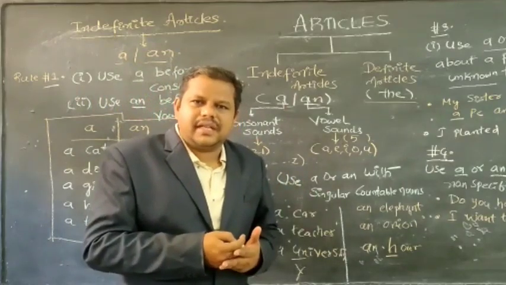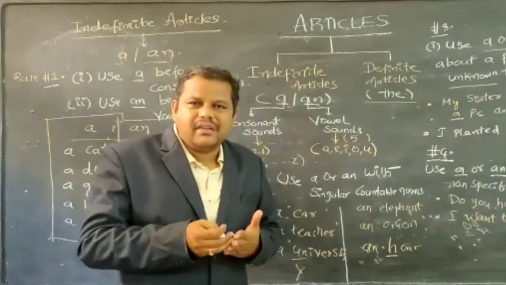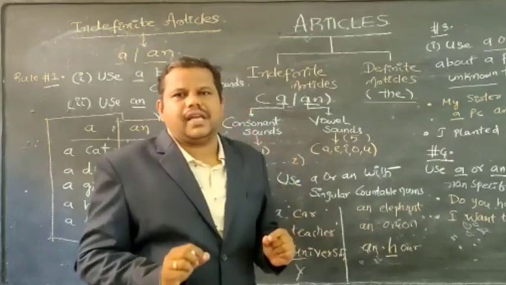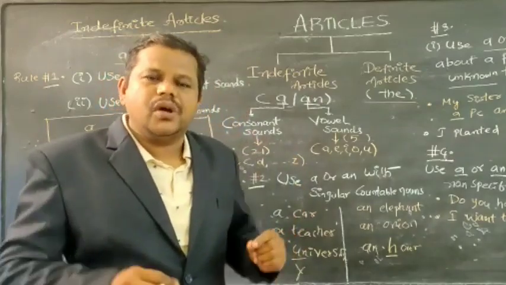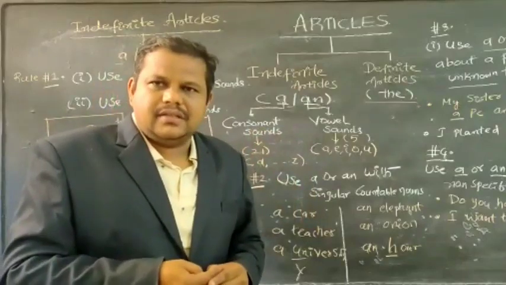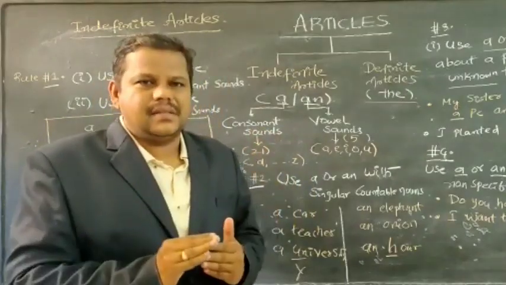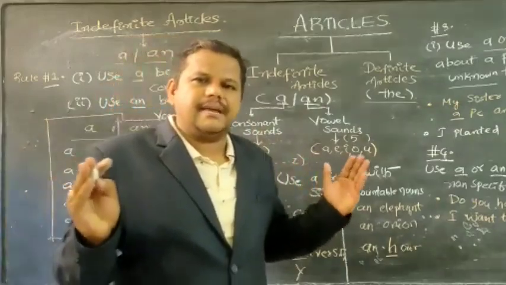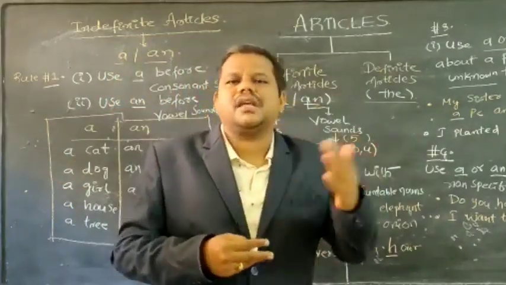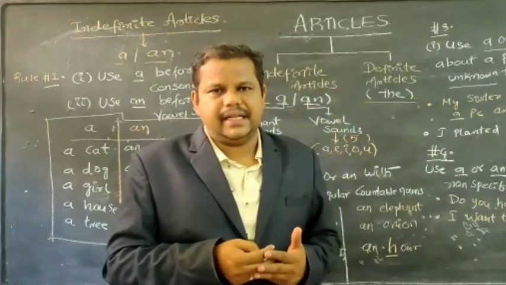High school students, you have to understand where we use a, an, and the. In today's session we are going to discuss the indefinite articles, where I'll teach you the different types with certain rules, and the next session will go with the definite articles.